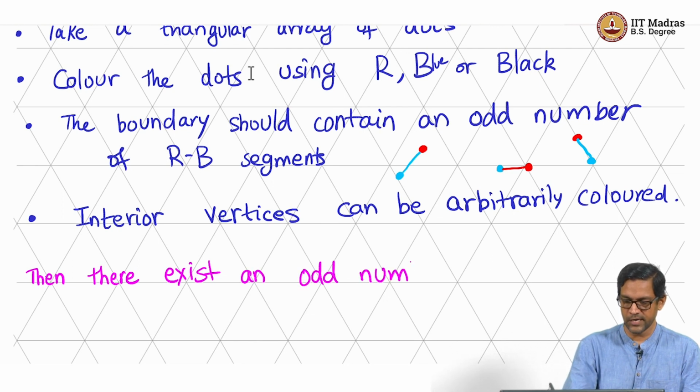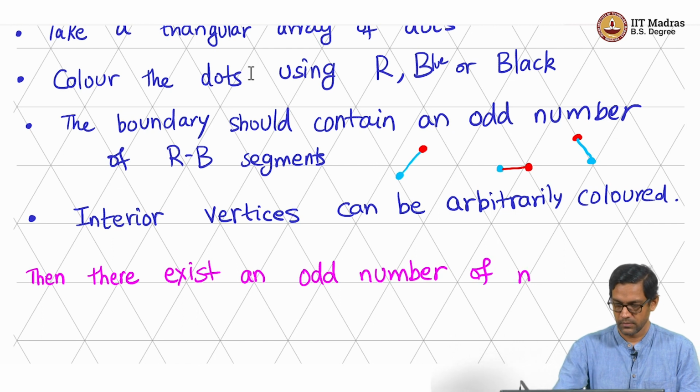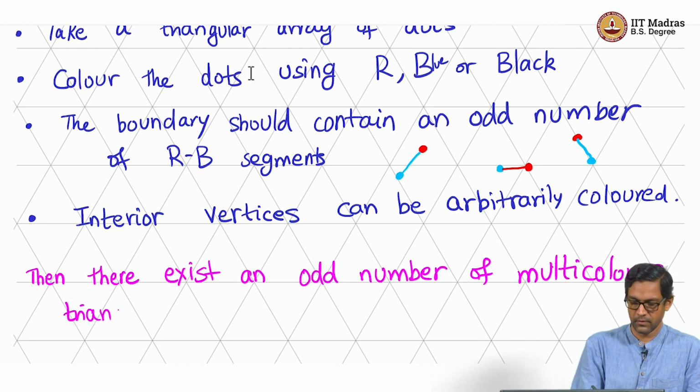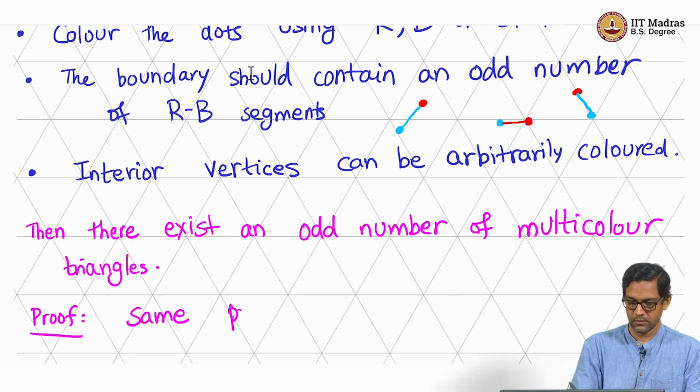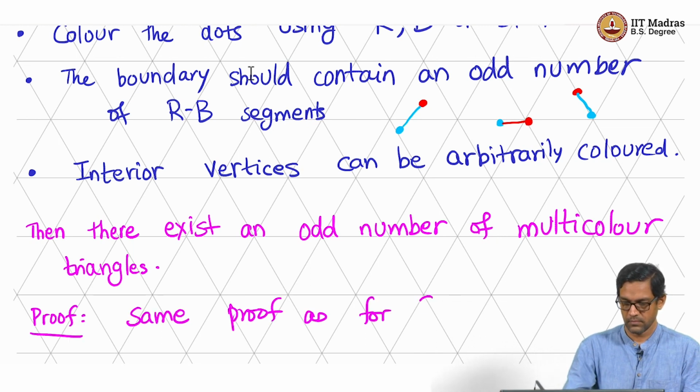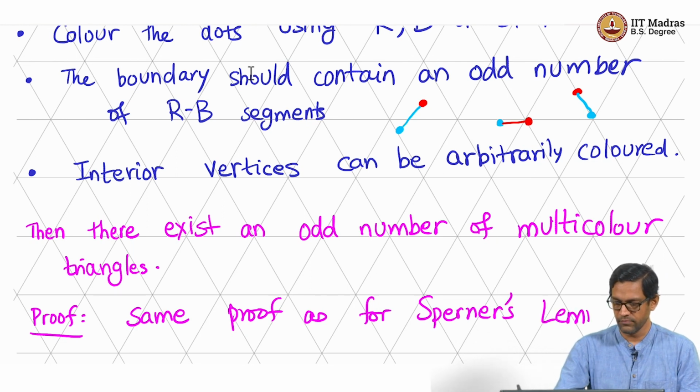In particular, there is at least one of them. Okay, proof, same proof, there is no change, as for Sperner's lemma version 1.